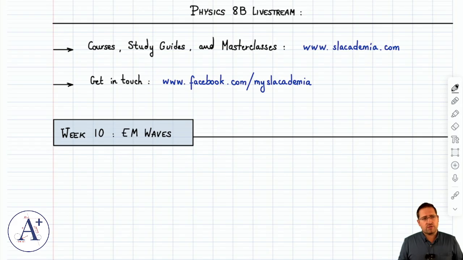It's just a different type of wave as far as its fundamental properties and, of course, what it's made of, because mechanical waves require a medium to propagate and have the particles of that medium oscillate. Here an EM wave is going to be an oscillating electric field and magnetic field simultaneously. So we'll get started with that in a minute.